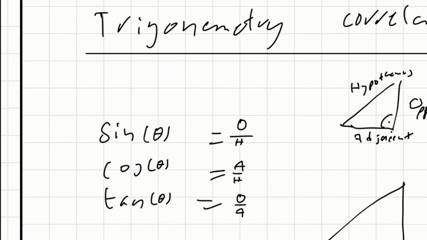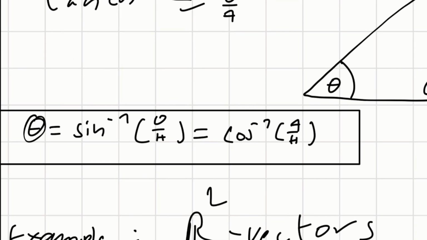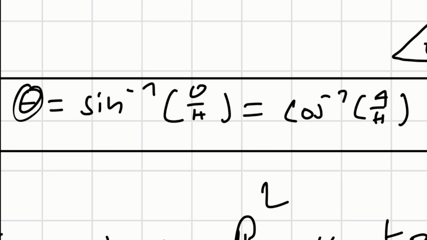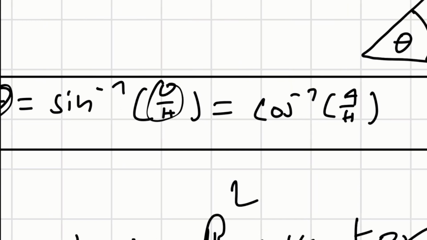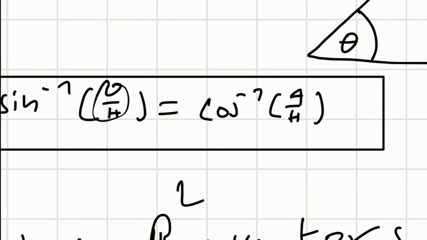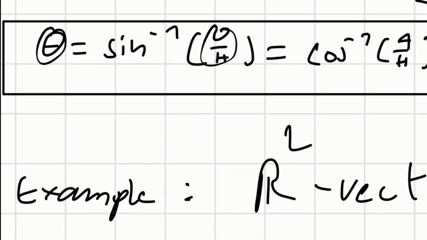One of the biggest correlations is this one. So you got theta, so your degree is equal to the inverse function of sine, so sine to the power of minus 1. You have to plug in opposite side divided by the hypotenuse for sine, and for cosine logically the adjacent side divided by the hypotenuse.